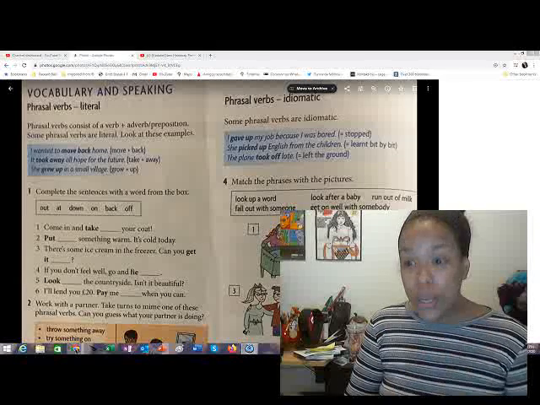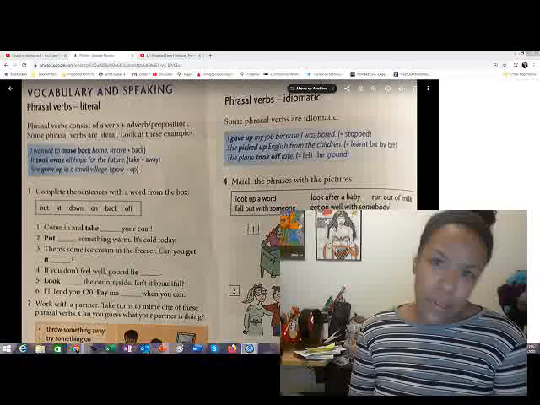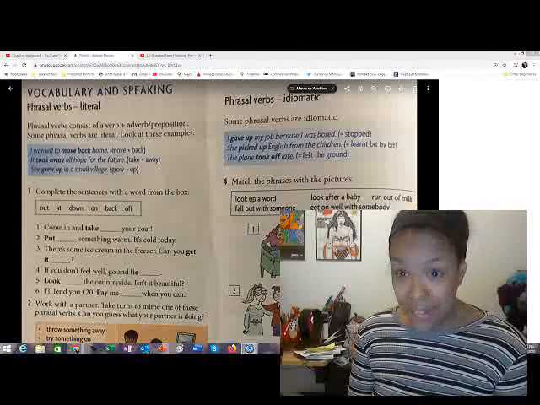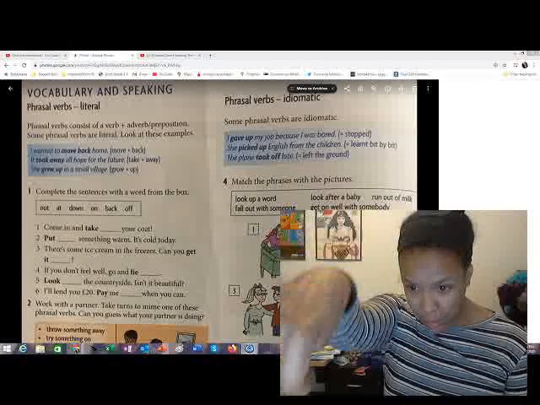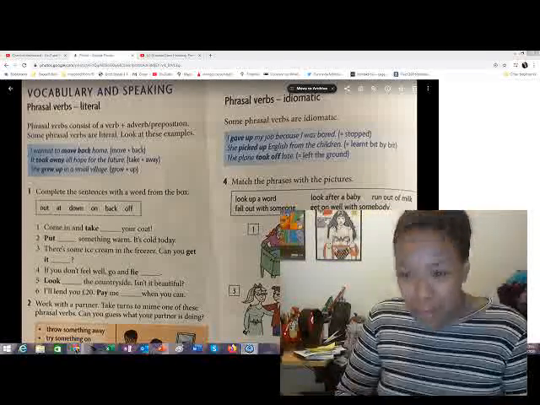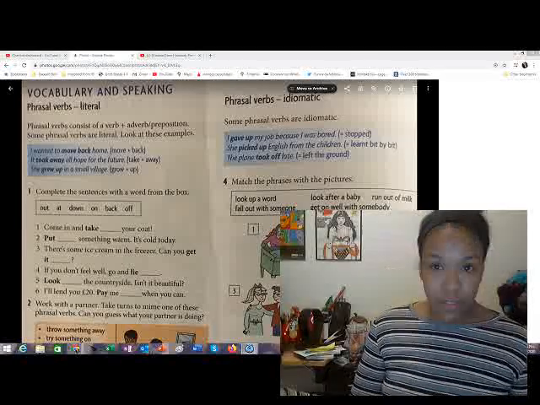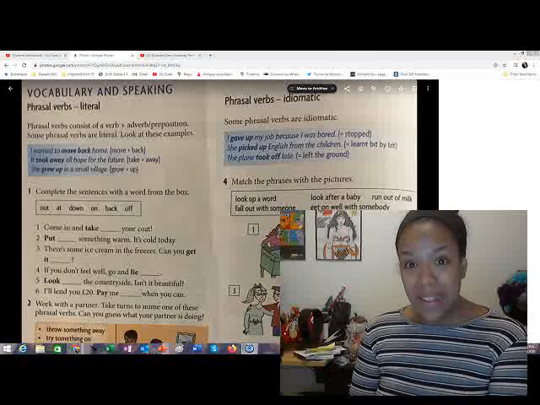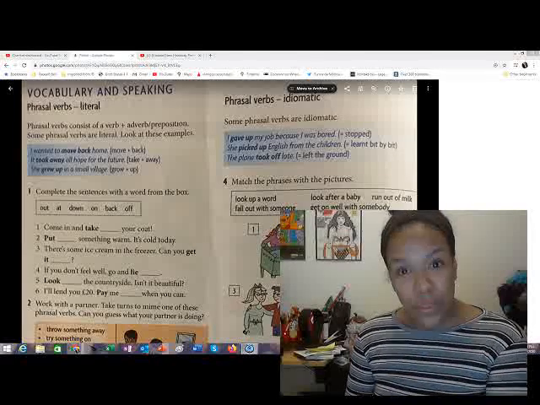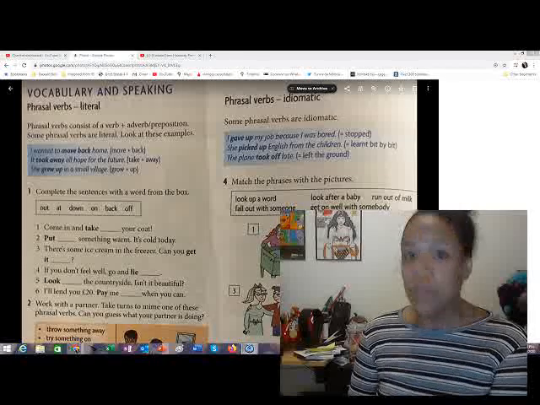Get on. You can say get on the bus, which is very literal, to go into the bus, get on the bus. But you can also use get on as in get along with somebody, have a good relationship with somebody. Get on.